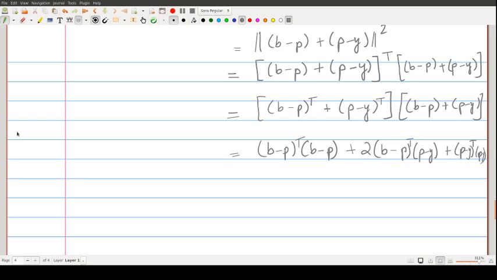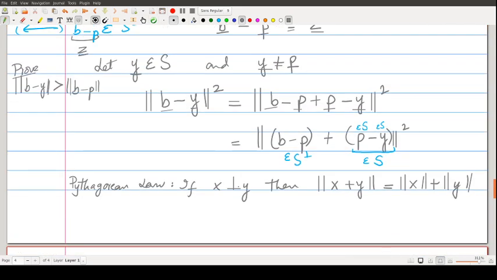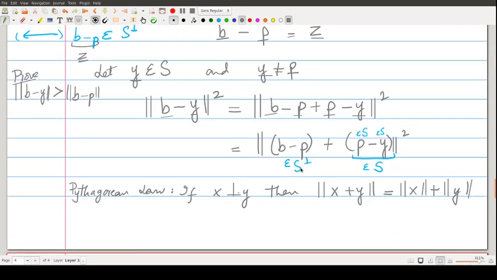Here I've used the fact that b minus p transpose p minus y equals p minus y transpose times b minus p. And here's the important thing: since b minus p was in the orthogonal complement of S, and the vector p minus y was in S itself, these two vectors should be orthogonal to each other. When two vectors are orthogonal, their inner product, their scalar product, is going to be 0. So from this fact I know that b minus p transpose p minus y has to be 0.